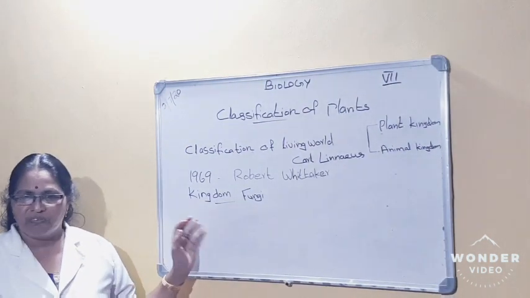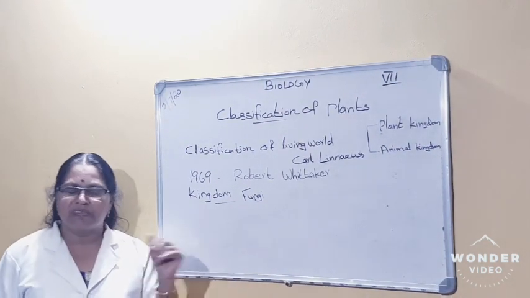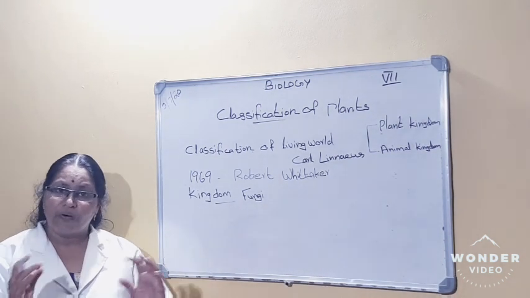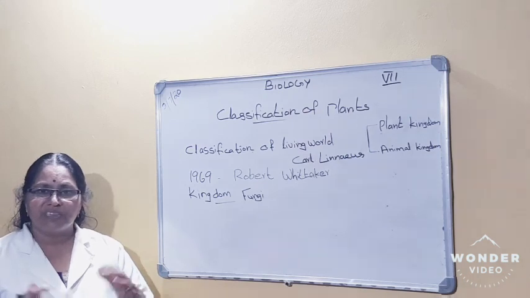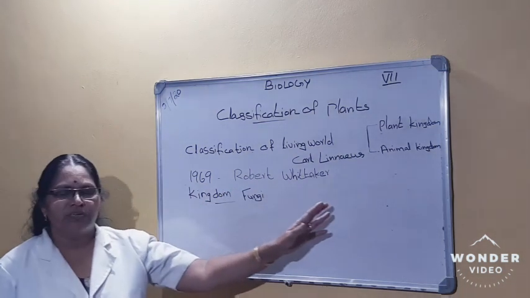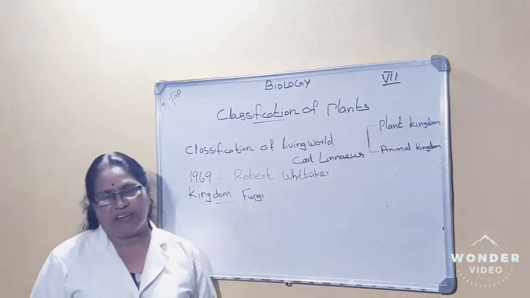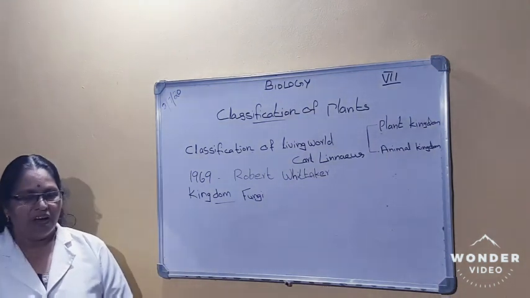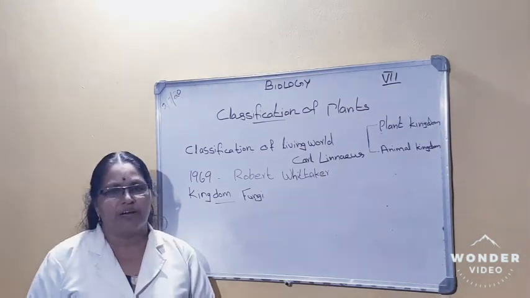Third kingdom, Fungi. From the name itself, it is understood that these are non-green plants without chlorophyll. Till now we were discussing the unicellular organisms. Now the multicellular organisms with many cells in their body.